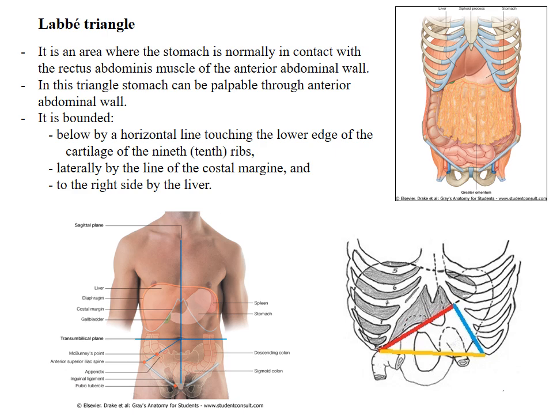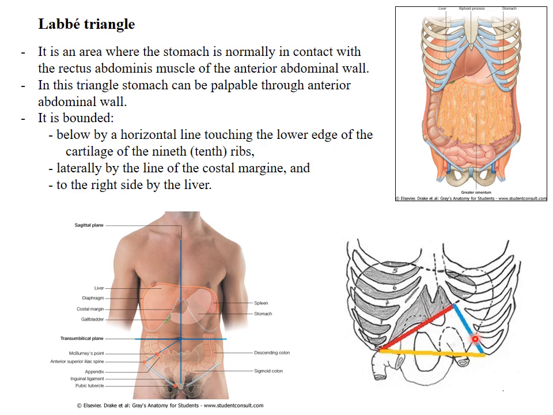This triangle is bounded by three planes. The horizontal plane passes through the anterior ends of the 9th or 10th costal cartilages. This is the lower part of the costal margin.